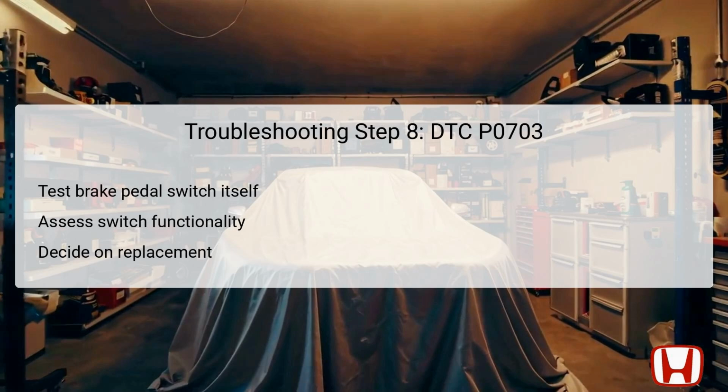However, if the switch fails the test, a replacement will be required to restore operation and eliminate DTC P0703. Always ensure that any replacements are done with quality parts to uphold the overall integrity and reliability of the braking system in the Honda Pilot.